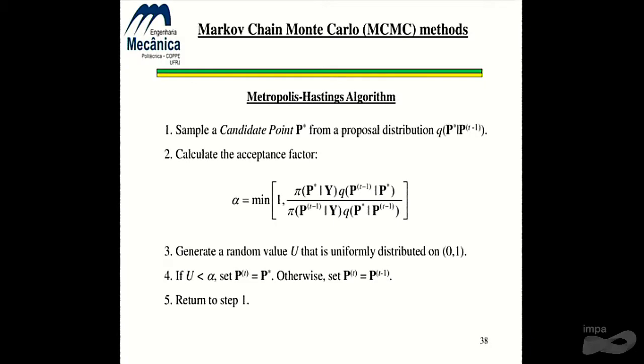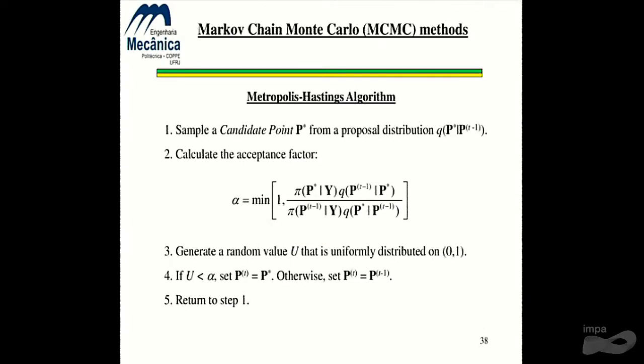So, just a reminder that we are talking about the Metropolis-Hastings algorithm, which is an implementation of a Markov chain Monte Carlo method. So it's a Monte Carlo method implemented to generate Markov chains. And having the values of our vector of parameters at some state t minus 1.